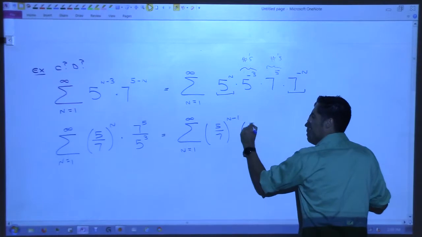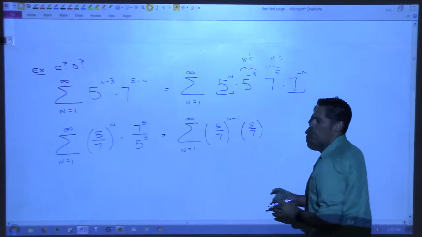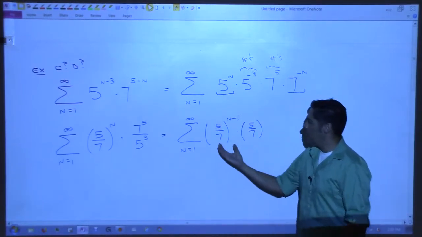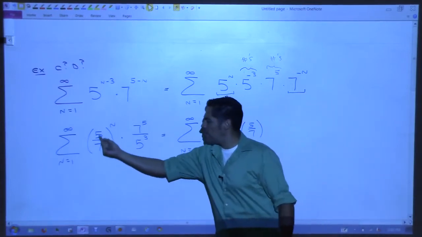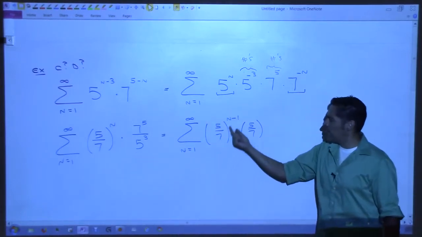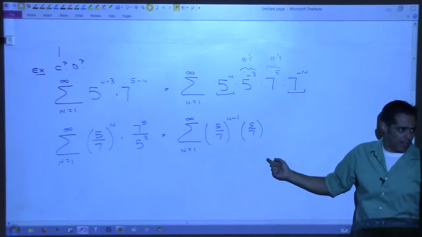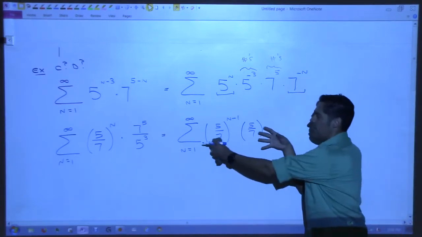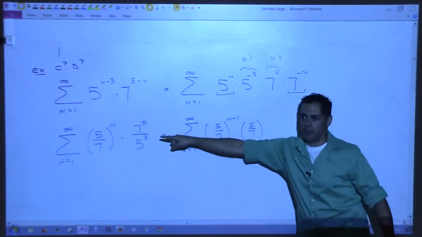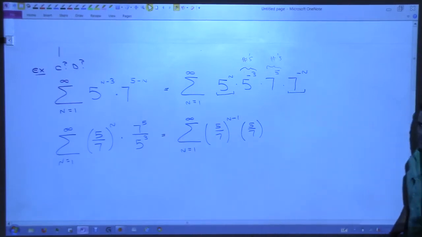Just 5 over 7. So I'm not quite showing that step where I do minus 1 plus 1. I'm realizing that 5 over 7 to the n is really 5 over 7 to the n minus 1 times 5 over 7. Put those back together, and you get back that. Is that too big of a jump? All right with that?